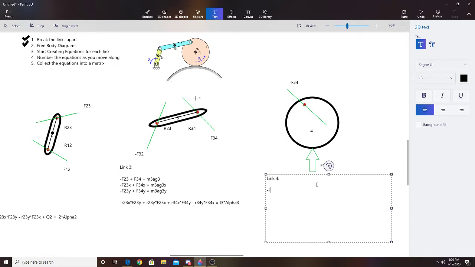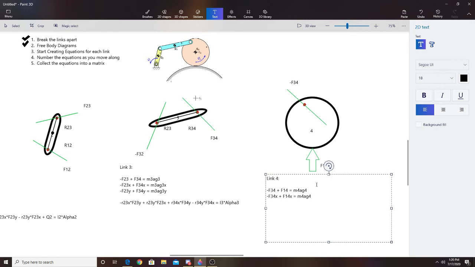Once again we have to flip the sign, so it's F34 plus F14 is equal to M4 AG4 minus F34. So we have minus F34x plus F14x is equal to M4 AG4x.